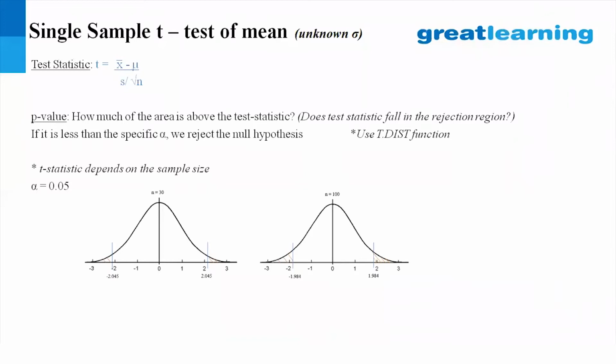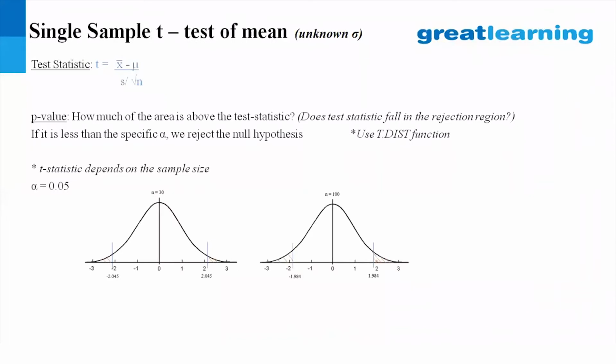And for the second one, it will be 100 minus 1, that is 99. So we call that the degrees of freedom. So these were the two single sample tests of mean that we did, depending on whether we have the population standard deviation or the sample standard deviation. We'll be doing a z test or a t test, but these are single sample tests of mean.